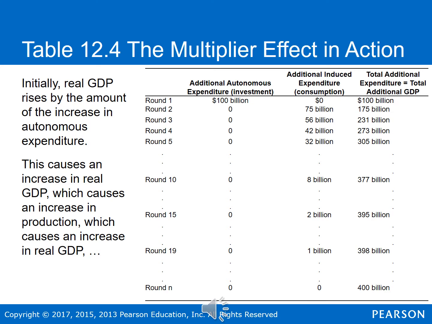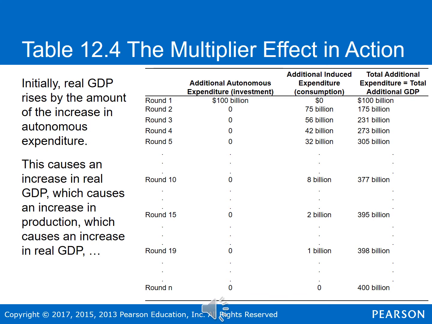By definition, GDP will also increase by $100 billion. Now remember that increases in production result in equal increases in national income. So this increase in real GDP of $100 billion also increases the national income by $100 billion. Again, this is just by definition because they equal each other.